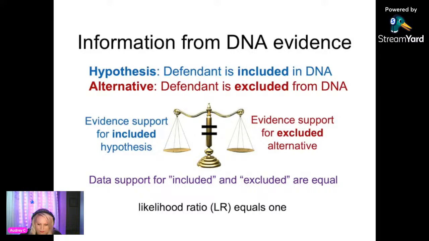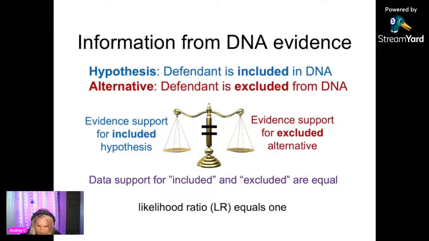Scientists use computers to balance this evidence from the DNA data. On the left, we see that there could be evidence support for a person being included. That's the hypothesis. On the right, the balance scales are showing the degree of evidence support for the alternative, that the defendant is excluded.